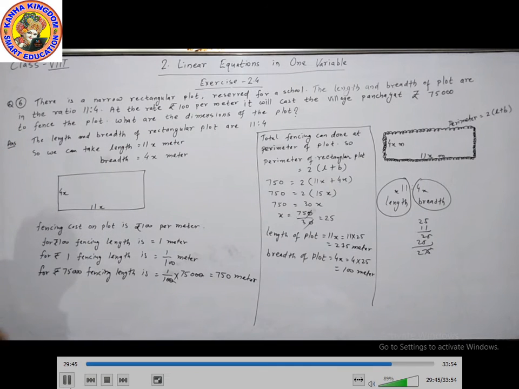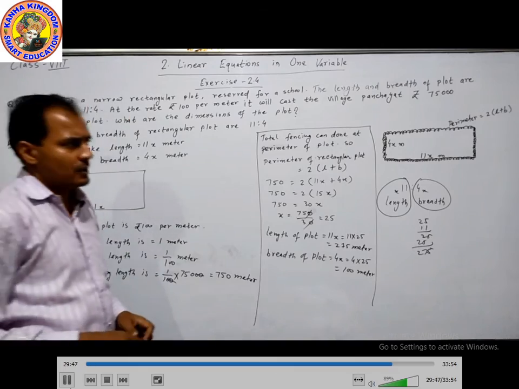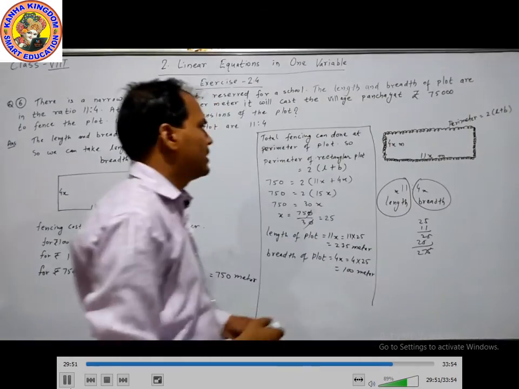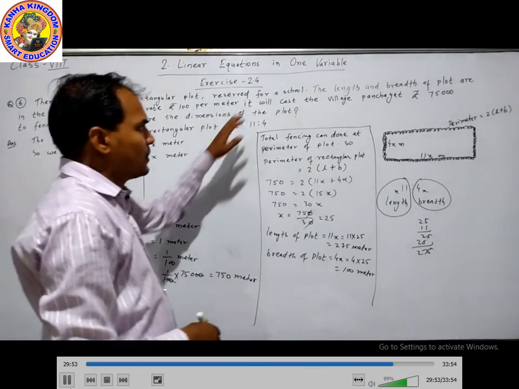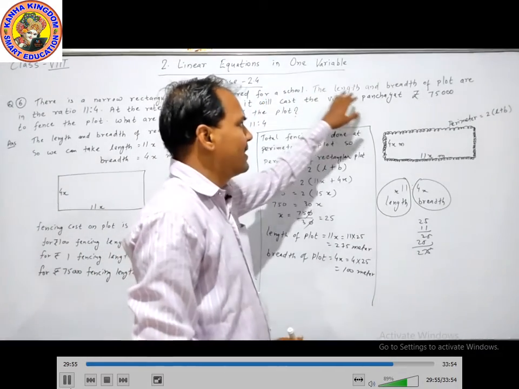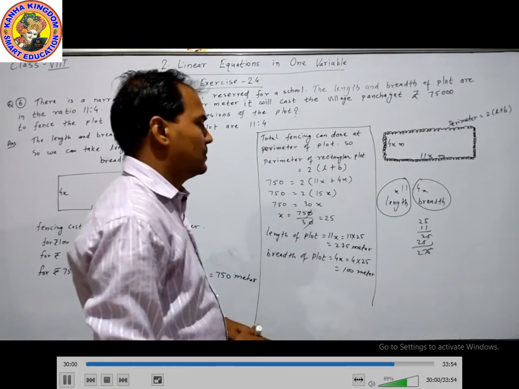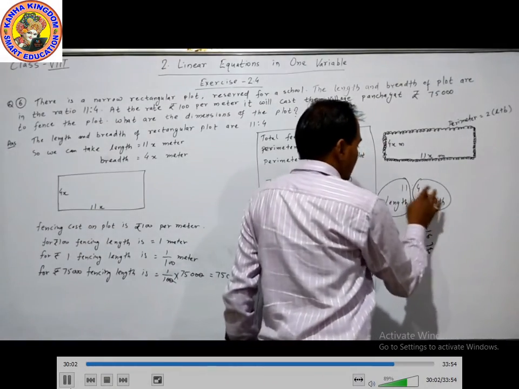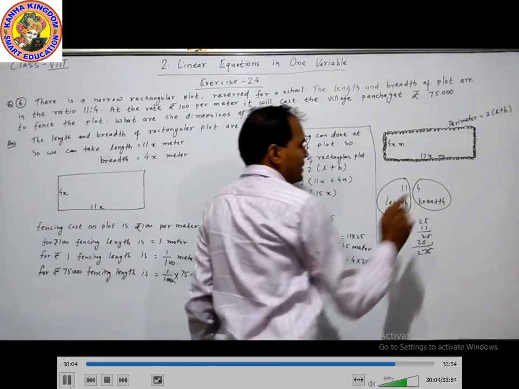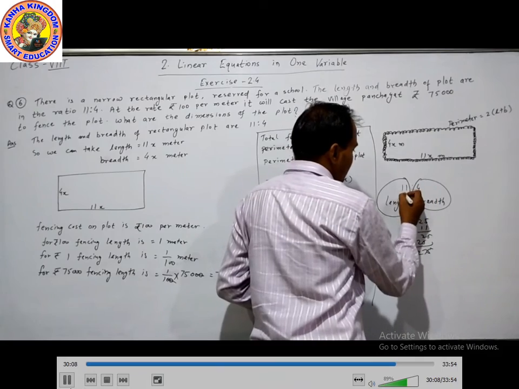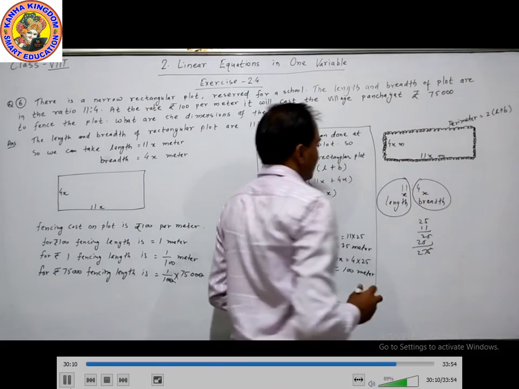Let us begin from the question. There is a rectangular plot for a school. The length and width of the plot are in the ratio 11 to 4. The length is 11, width is 4. When we attempt a ratio question, we put an x here.